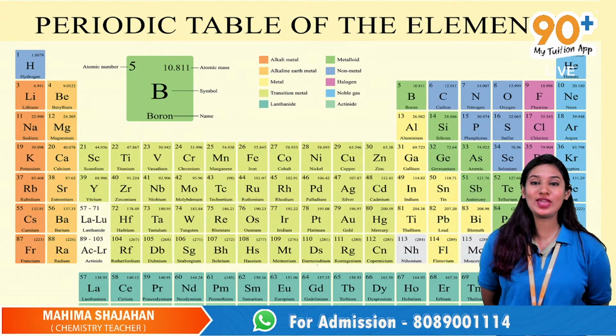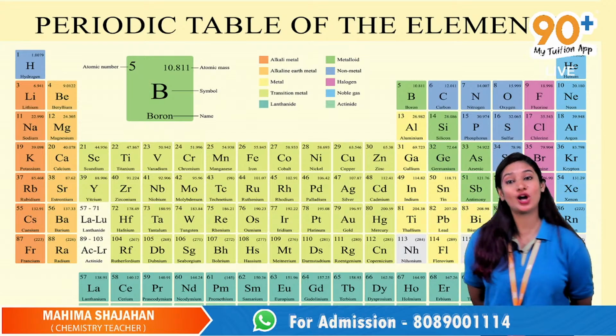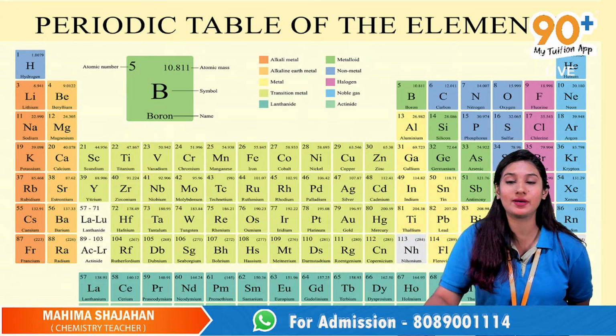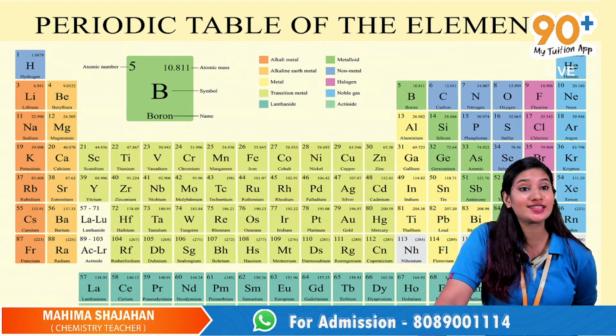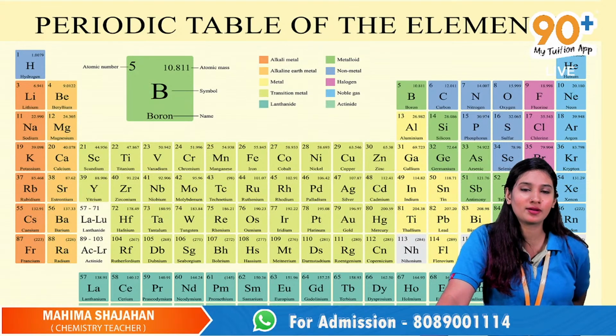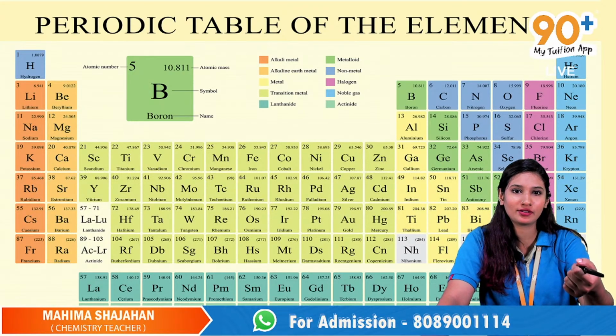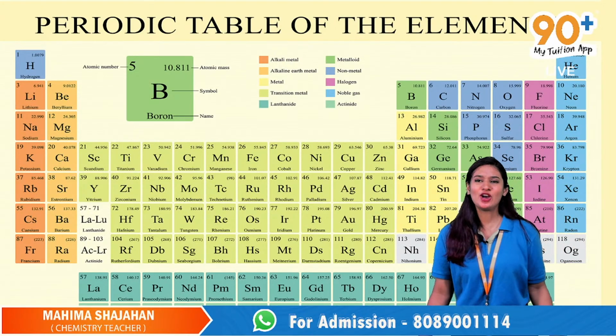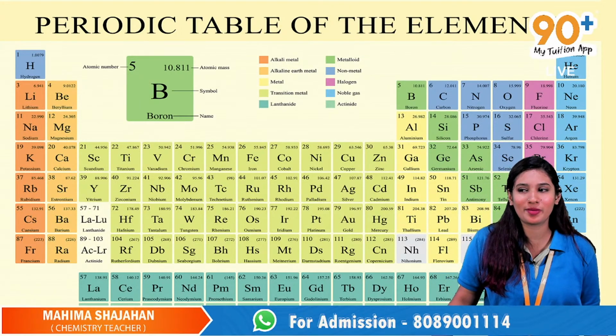Now we are going to talk about an interesting topic that we've already covered in our third chapter, and that was valency. Okay. It is valency. Now, what was valency? Valency, do you remember it?